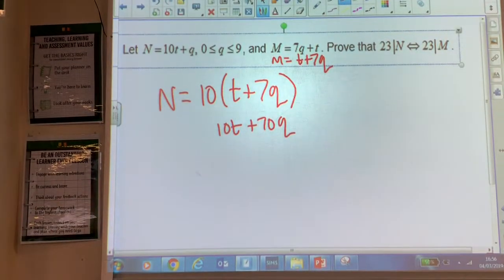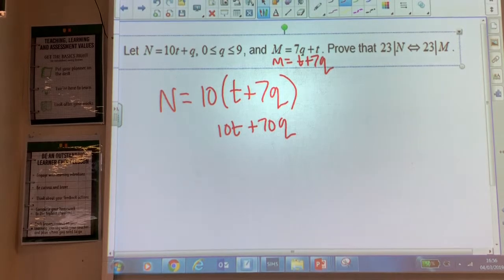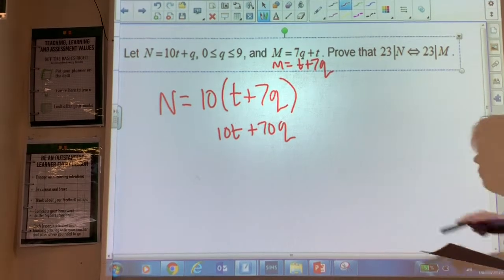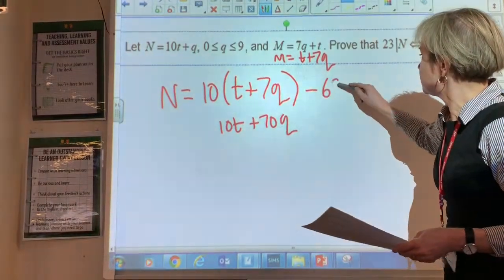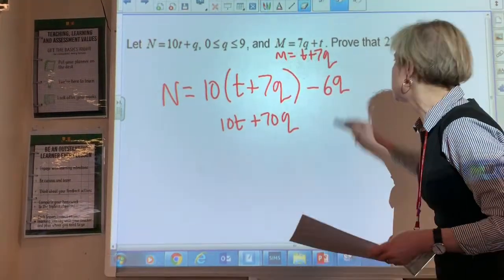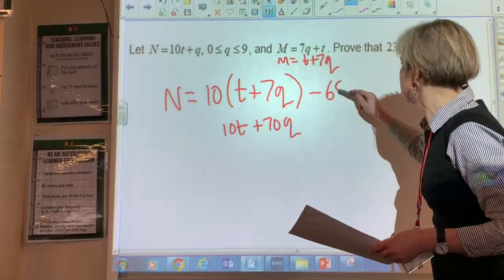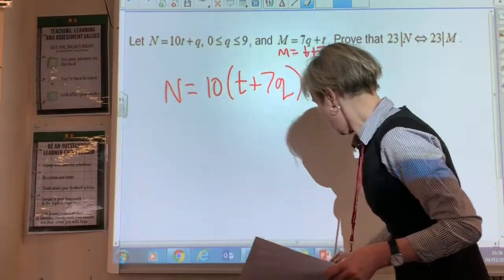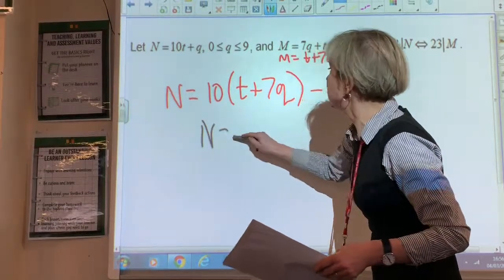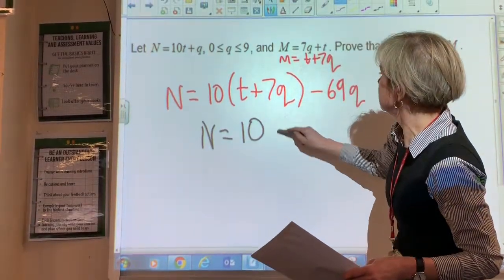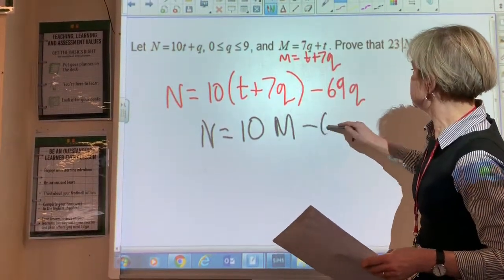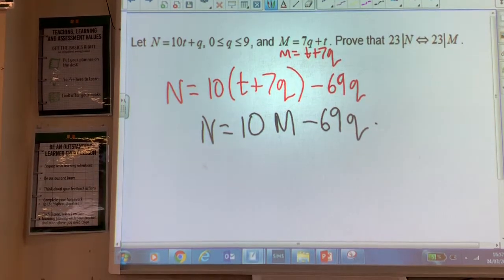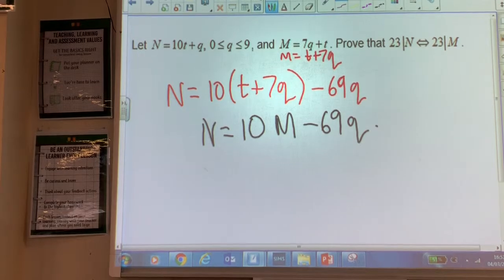I don't want 70q, so I need n to just have 1q, so I'm going to have to subtract 69q off that to make it work. So I think I've written n as 10m minus 69q. So I've managed to connect them.